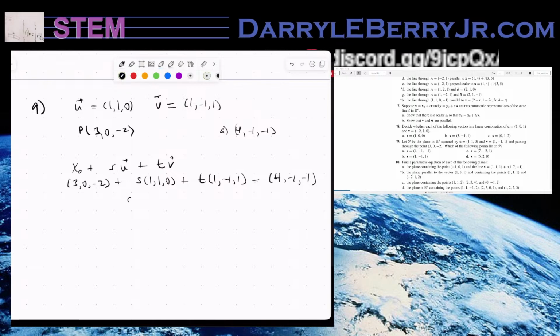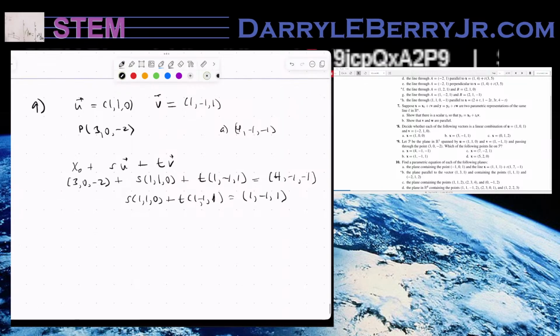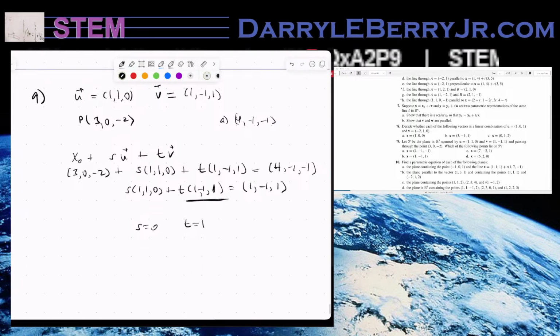So that means that S(1, 1, 0) plus T(1, -1, 1) equals, if I bring that to the other side, (1, -1, 1). Now I can already see that (1, -1, 1) is there. So if S equals 0 and T equals 1, then we know that A checks out.